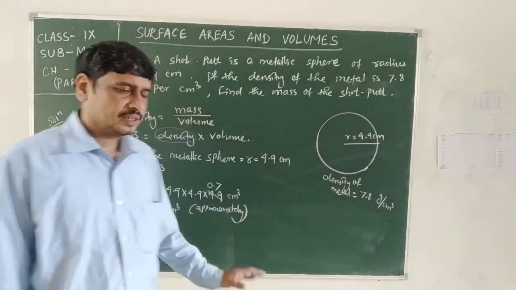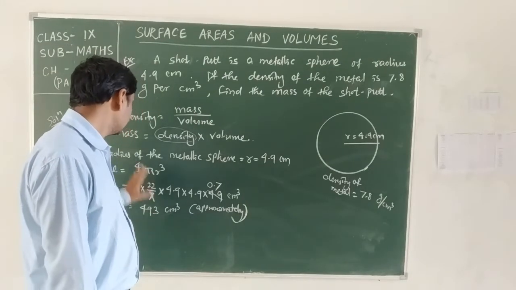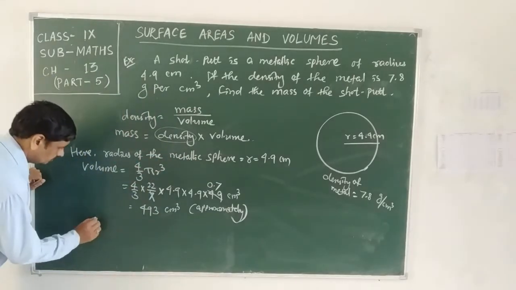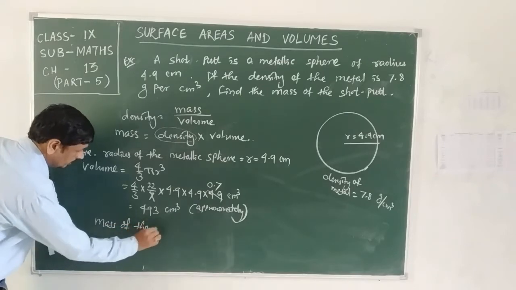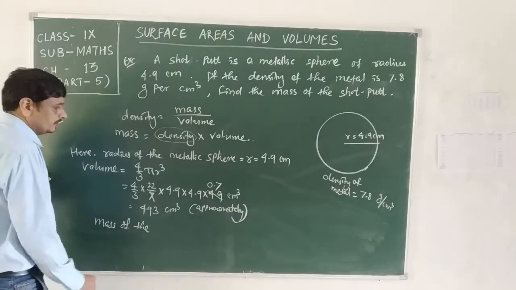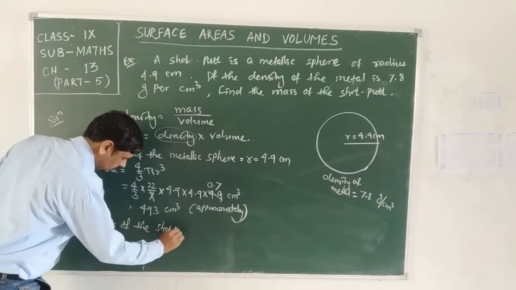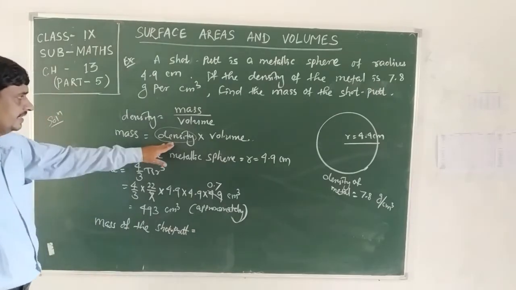Now we can find the mass. Mass of the circuit is equal to density into volume.